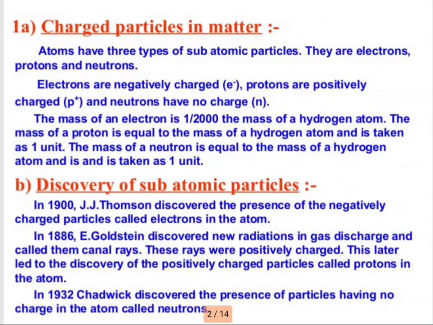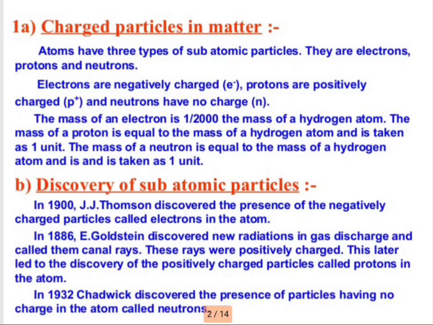Okay. Next, we discuss the discovery of subatomic particles. In the 19th century, J.J. Thomson discovered the presence of the negatively charged particle, called the electron, in the atom. In 1886, E. Goldstein discovered new radiation in a gas discharge and called them canal rays.